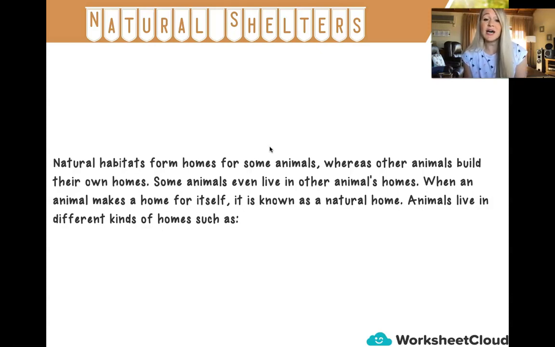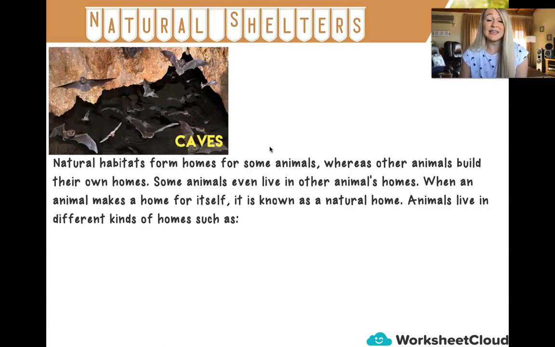Animals live in different kinds of homes, such as caves. So I'm sure you can see bats that love to live in caves. There's many creatures that love to live in caves. But remember, caves is something natural. It hasn't been man-made. And animals use what is naturally provided for them first before, if they need to, creating their own.